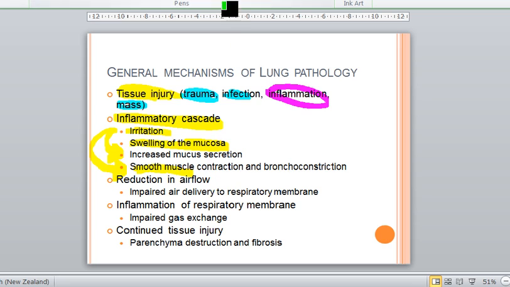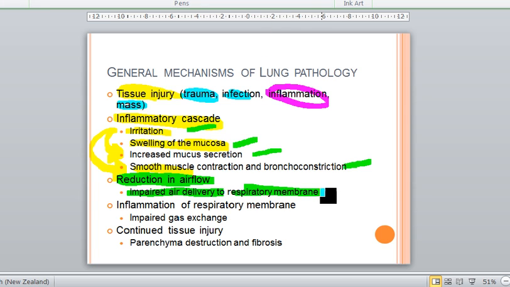So what do you think is the result of irritation, swelling, secretion, and bronchoconstriction? All of these things will actually reduce airflow. If you have a reduction in the amount of air available to reach the respiratory membrane, you have impaired air delivery. Impaired air delivery in turn will result in impaired gas exchange. You have less gas available for the exchange. And there's another thing.